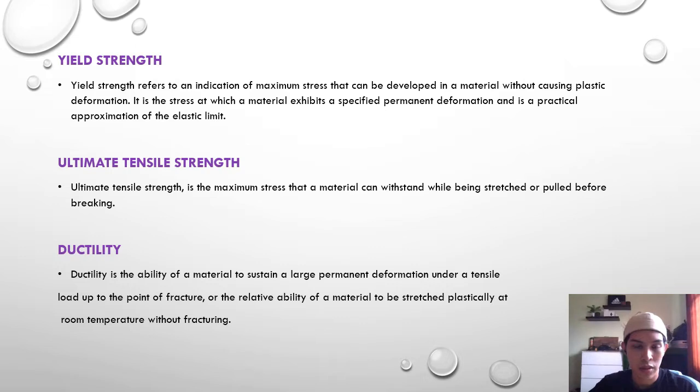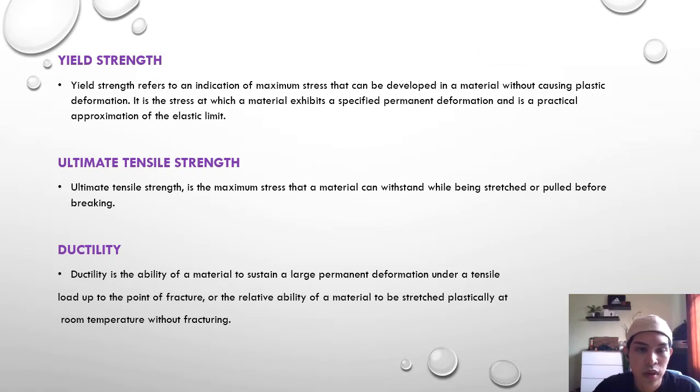Now yield strength. What is yield strength? Yield strength is an indication of the maximum stress that can be developed in a material without causing plastic deformation. It is the stress at which a material exhibits a specified permanent deformation and is a practical approximation of the elastic limit. Then ultimate tensile strength.